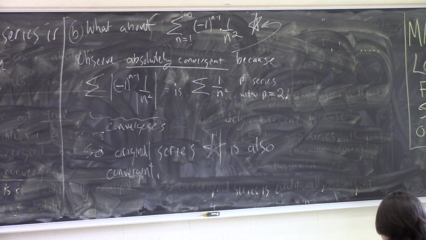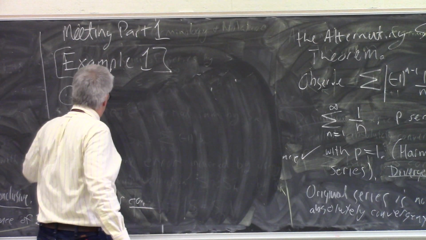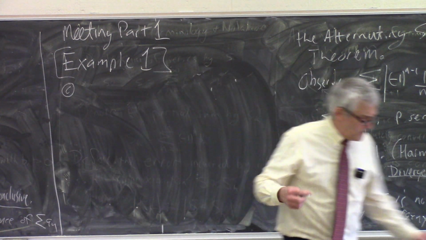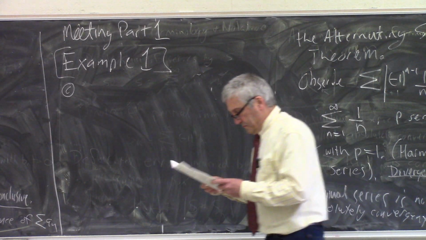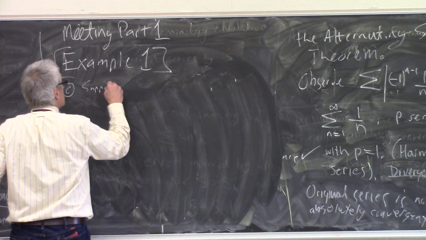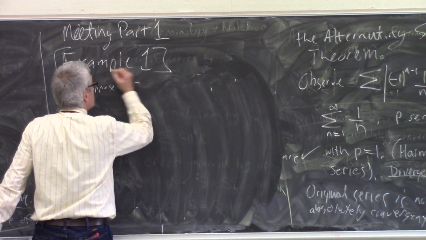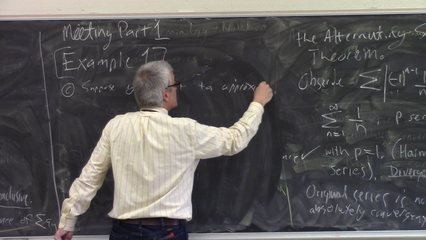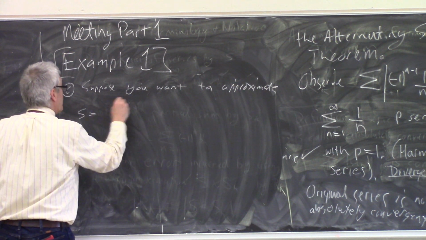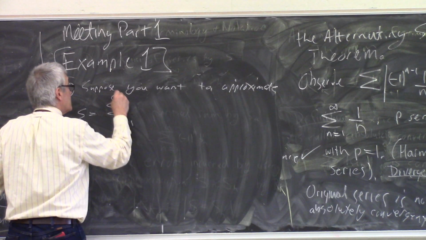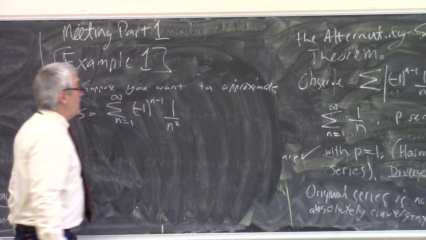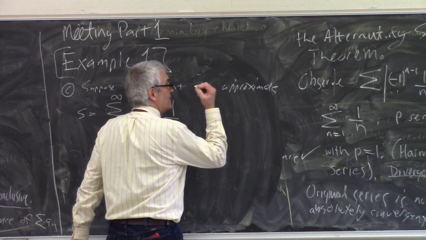Okay, question C. So suppose you want to approximate S, so that's this whole series, by the kth partial sum.